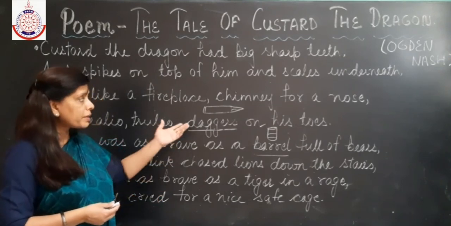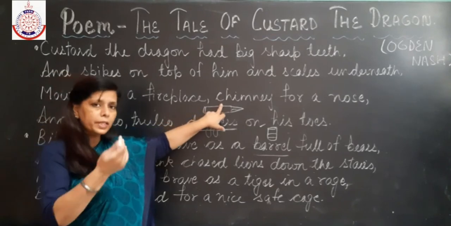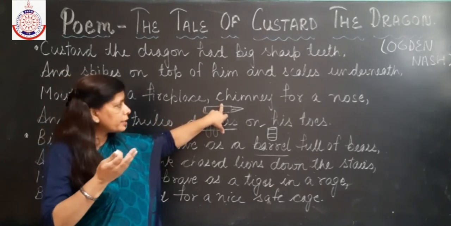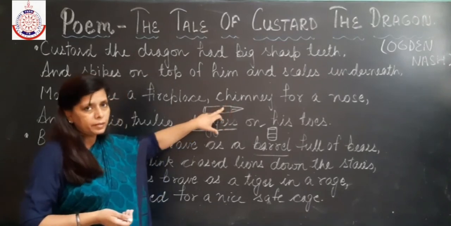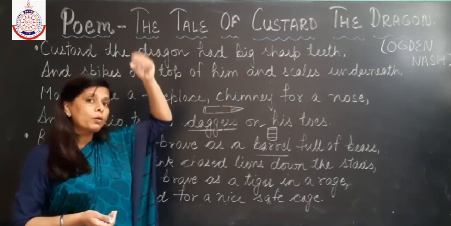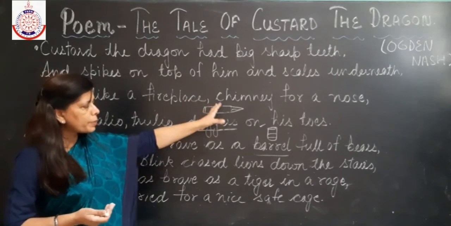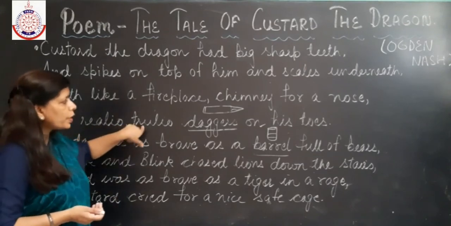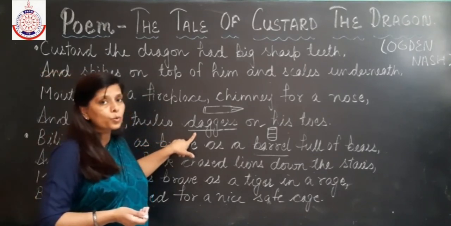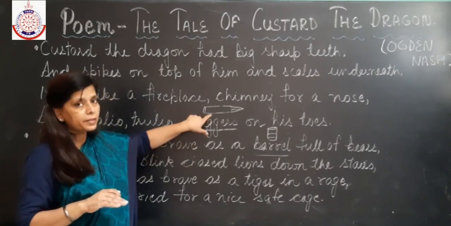But as it is a dragon, when it breathes in and breathes out, the dragon's nose seems like a chimney, right? A chimney from where smoke goes out. Not exactly smoke from the dragon's nose, but it is compared. And realio, trulio, daggers on his toes. Toes also, nails are like daggers, right?